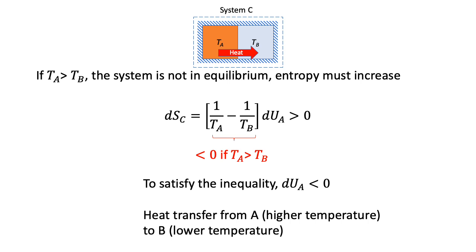This means that the energy of system A decreases, while the energy of system B increases. Therefore we have heat transfer from A, the body at higher temperature, to B, at lower temperature. So our definition of temperature satisfies our understanding that at thermal equilibrium the temperatures must be the same, and that heat transfer takes place from the higher temperature to the lower temperature.